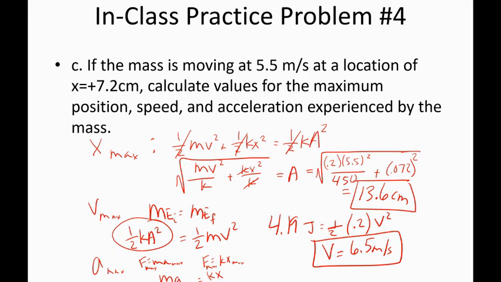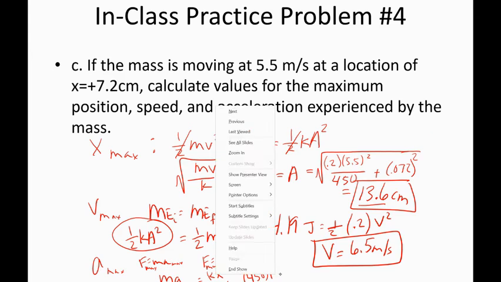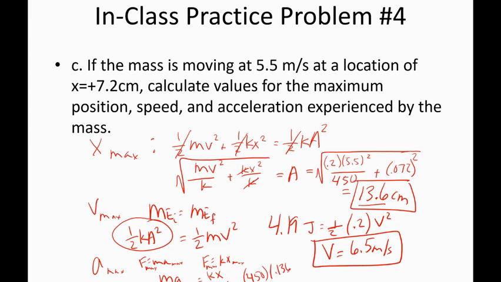So then you end up having acceleration equals kx divided by m. And your k, remember, is 450. Your x is going to be your maximum position, which is 0.136, divided by your mass. Your mass is 0.2, and that's going to end up giving you your maximum acceleration is 306 meters per second squared.